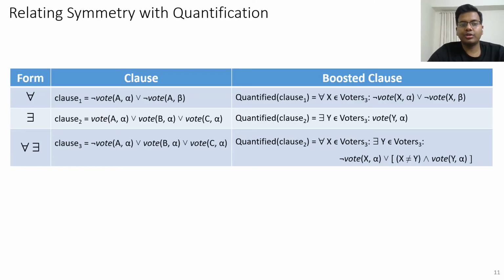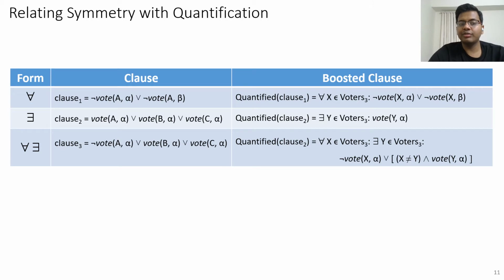I will not go through how this encoding to a quantified clause works, since we covered this in detail in our earlier work, but here is a summary of it. IC3PO looks at the structure of the clause and the symmetries involved to identify the correct quantifiers that compactly encode all symmetrically equivalent clauses as a quantified clause.